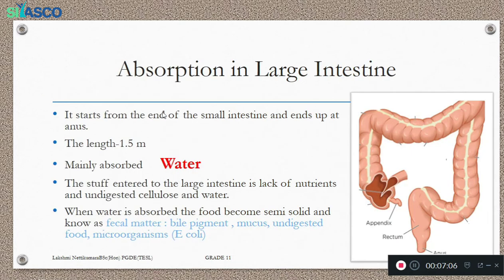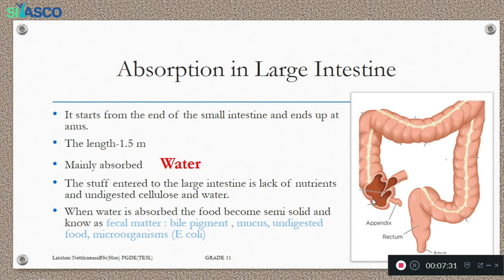So far we didn't talk about the large intestine. So far the digested food also didn't come to the large intestine. So all this digestion and absorption happens within the small intestine, and now the small intestine enters the large intestine.